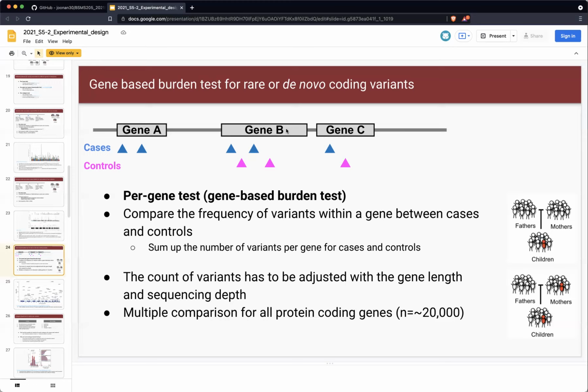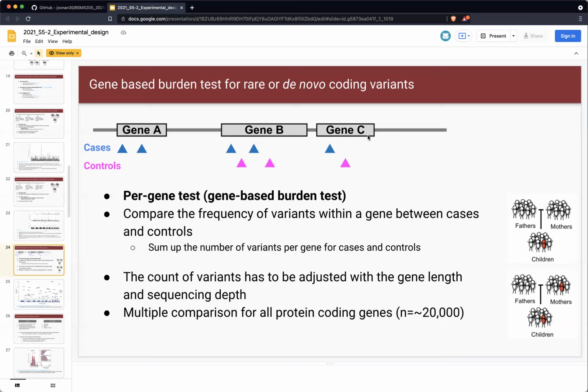And another consideration in this approach is that you have to think about the length of the gene and also the sequencing quality, right? If you look at gene B and gene C, gene B is longer than gene C. So your expectation is that gene B should have more mutations than gene C, so you have to adjust for the length of the gene in this experiment.